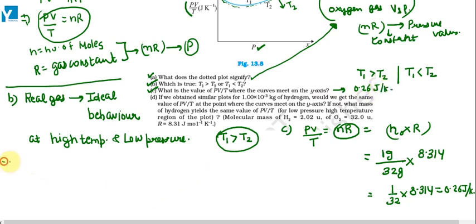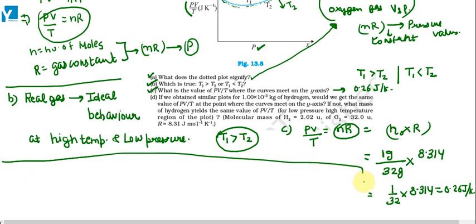Now talking about part D, if we obtained similar plots for 1.0 into 10 raised to minus 3 kg of hydrogen, would we get the same value of PV by T at the point where the curves meet on the y-axis?